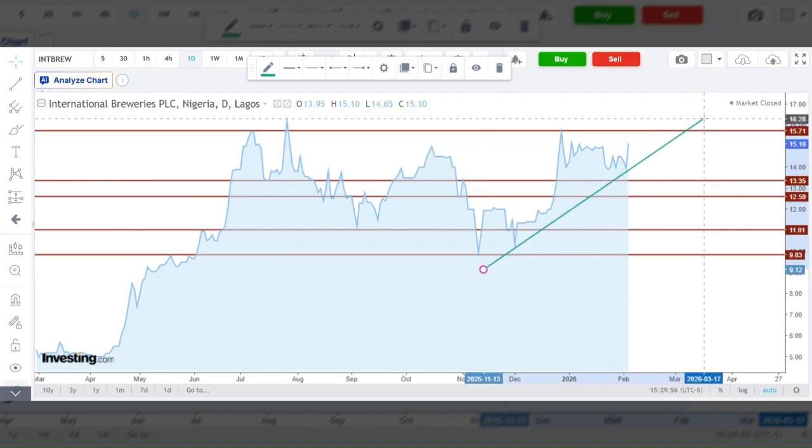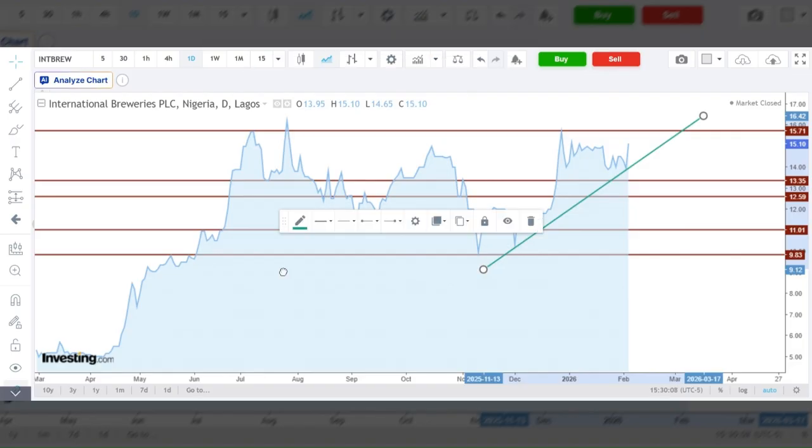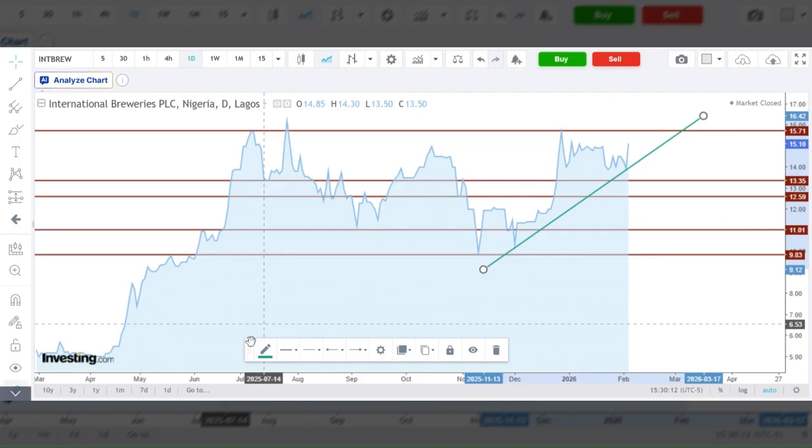So this is an uptrend here. It's like an uptrend here. With that said, I don't think we can put any support and resistance line or trend line anywhere else.